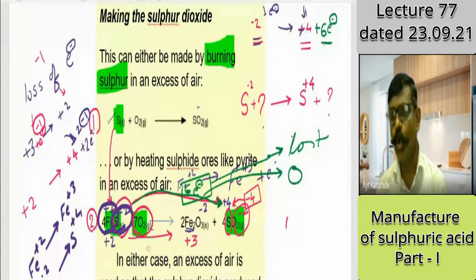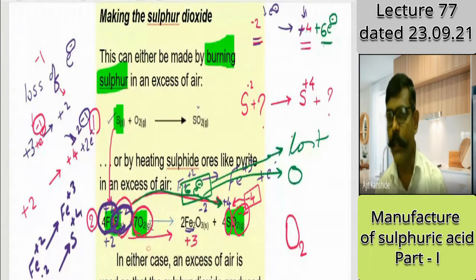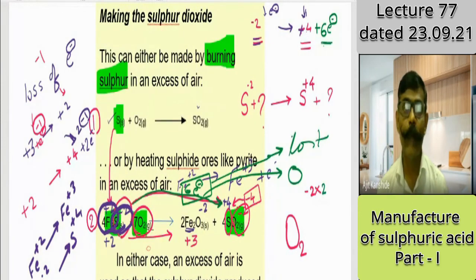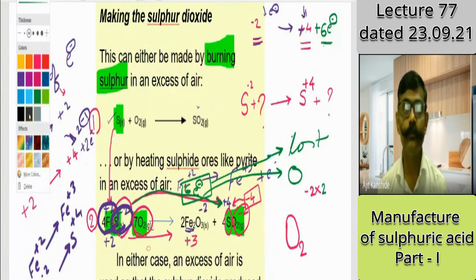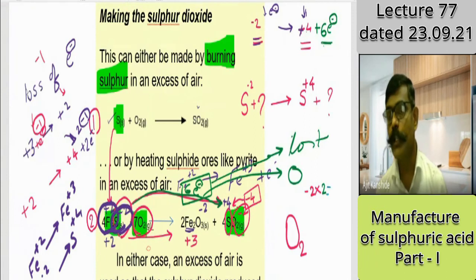If I consider O2, what is the charge on oxygen? Minus 2. Okay. Suppose, if I consider that correct, 1 oxygen carries minus 2 charge. How many oxygens are there? 2. So total charge should be minus 2 into 2, which is minus 4.